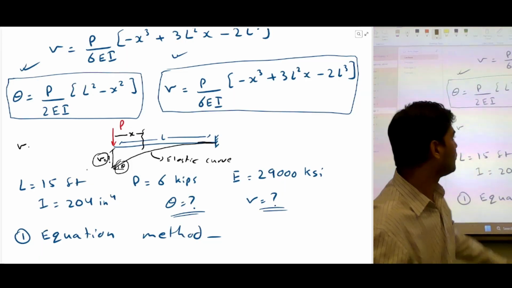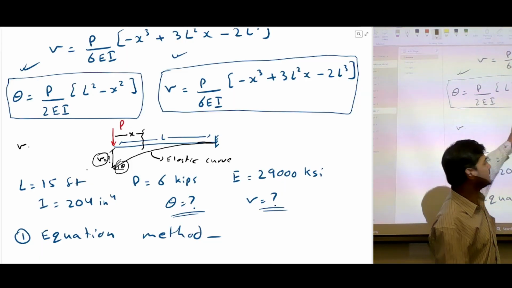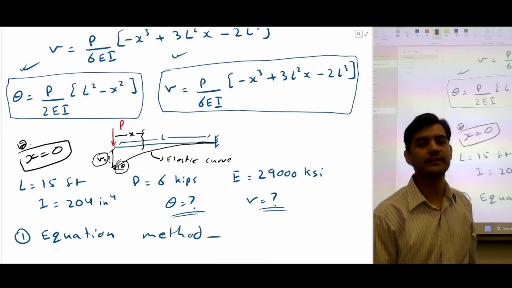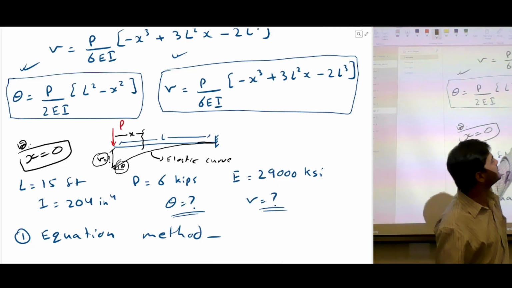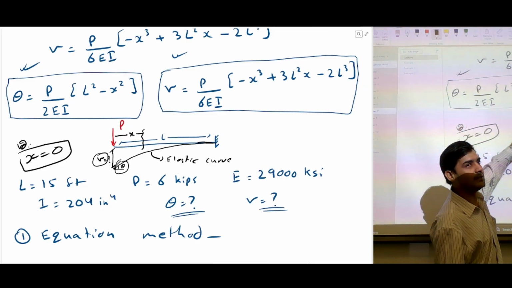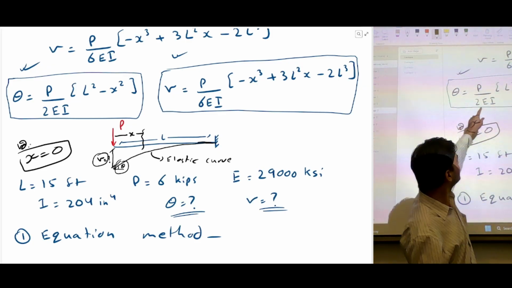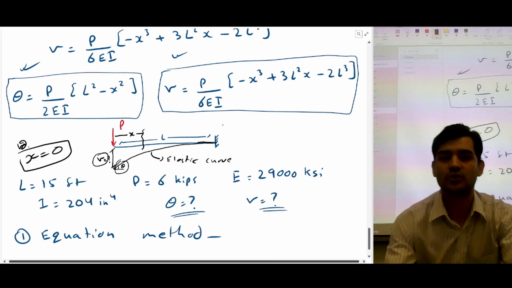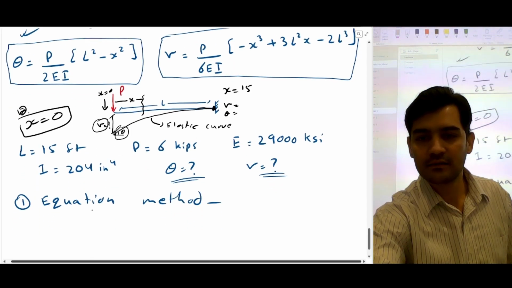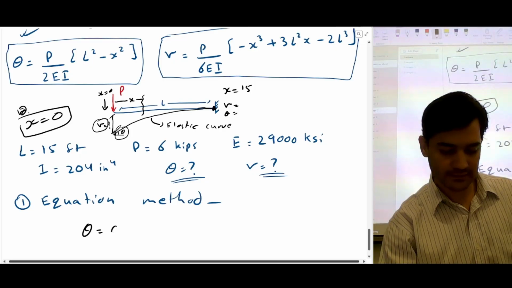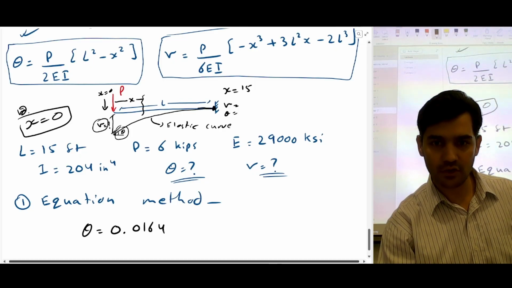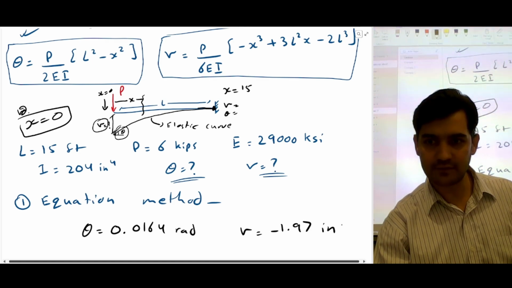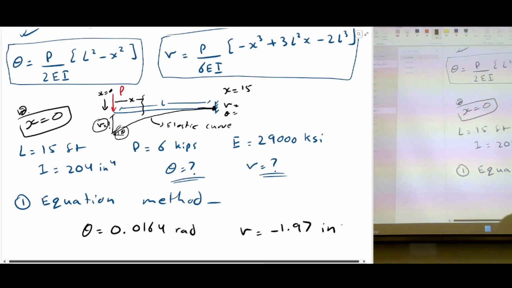So if you want to calculate the maximum displacement and the maximum bending angle, your x would be 0 in this case. So if you put x is equal to 0 in the equation, you're going to get the maximum values of displacement and bending angle. If you put x is equal to 15, then you will calculate values here. So the answer, theta is 0.0164 radians and displacement is negative 1.97 inch.